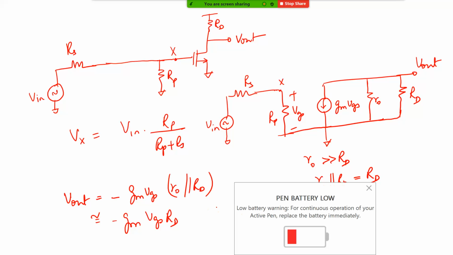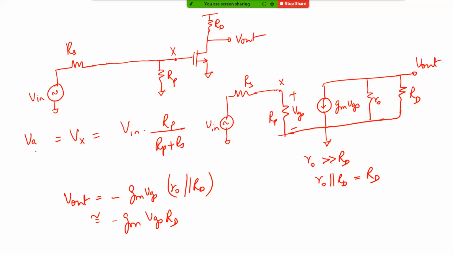So V out can be written as V in times Rp divided by Rp plus Rs, into Gm times Rd. So what is the gain? V out by V in is the gain, so AV can be written as Gm times Rd into Rp divided by Rp plus Rs. This is your voltage gain from input to output.